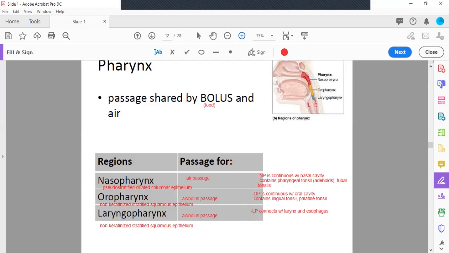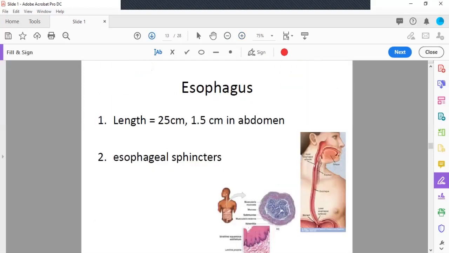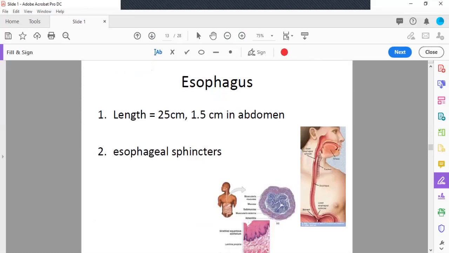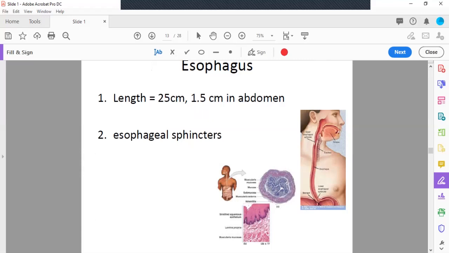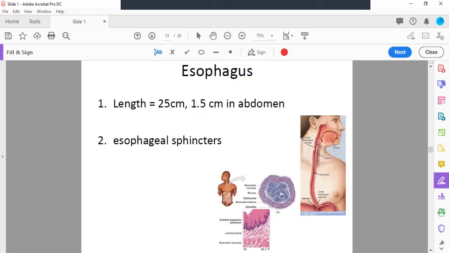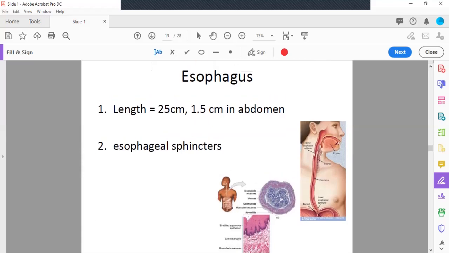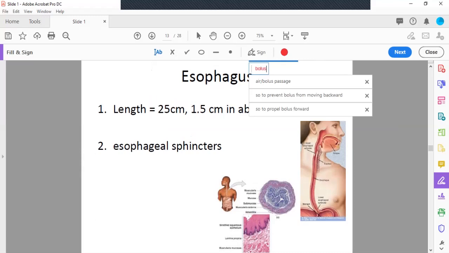We're moving at a very proper pace. So let's go on to the esophagus. So what is that? The esophagus basically is a food passage. Okay. And we can say this is a bolus passage.